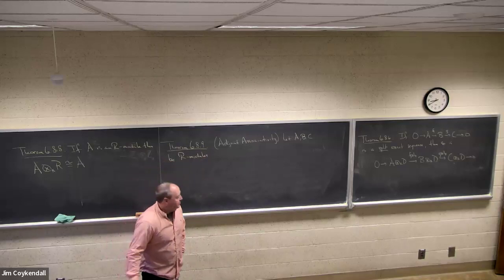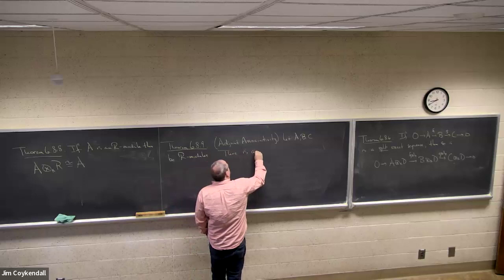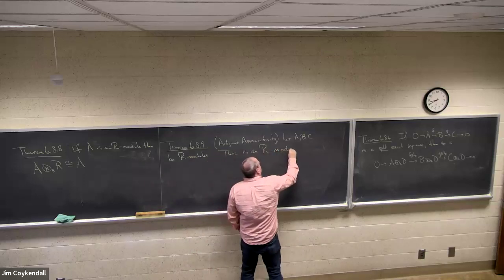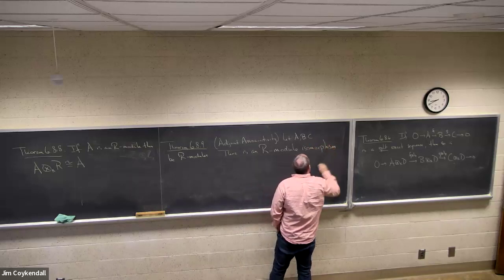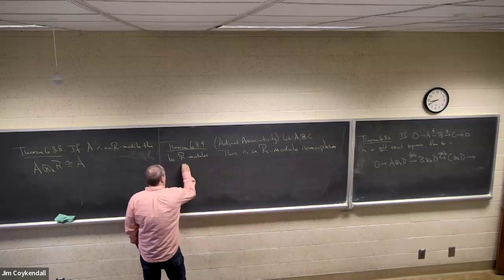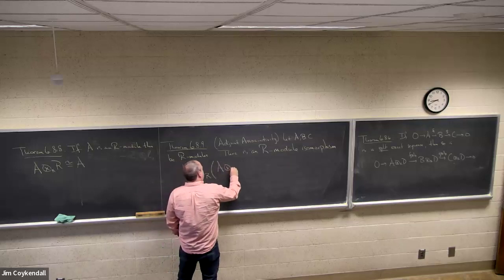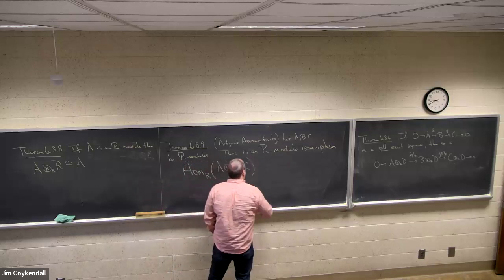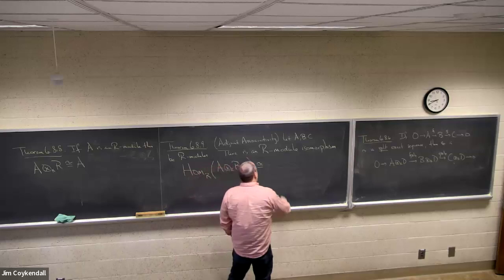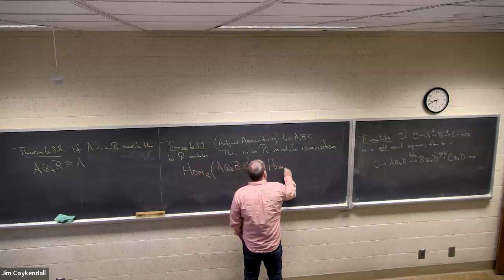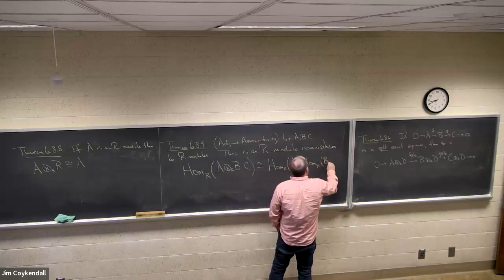There is an R module isomorphism: Hom_R(A ⊗ B, C) is isomorphic to Hom_R(A, Hom_R(B, C)).